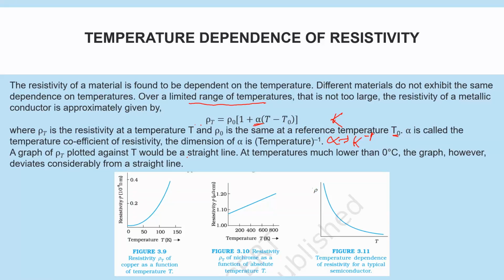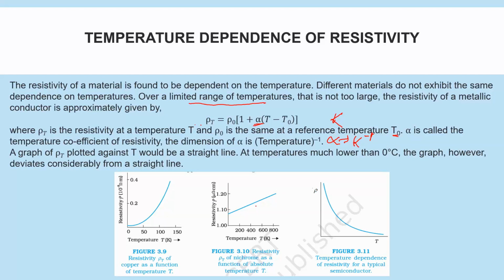Now if we plot the graph of rho T at different temperatures against T, it should be a straight line. But for some materials the straight line is not followed. For copper, you can see it is not a straight line.